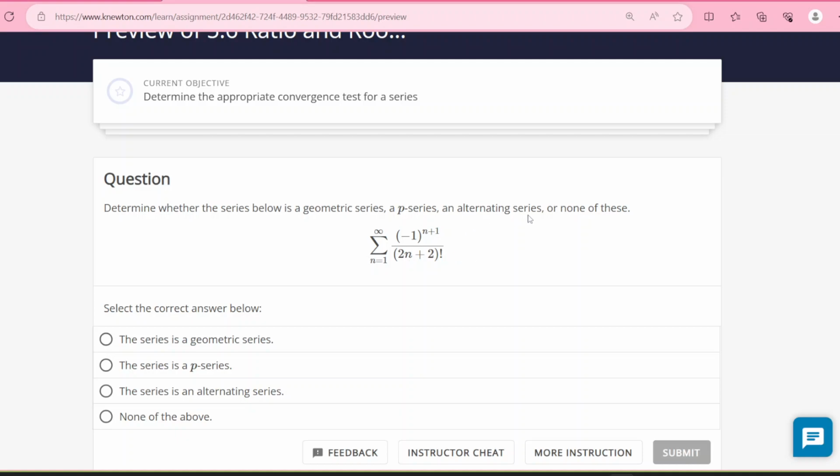An alternating series, remember, had these powers of -1 like this. See this -1 to the n plus 1 power. That's going to cause the first term to be positive, second term to be negative, third term to be positive, negative, positive, negative. This is an alternating series. And that's it.